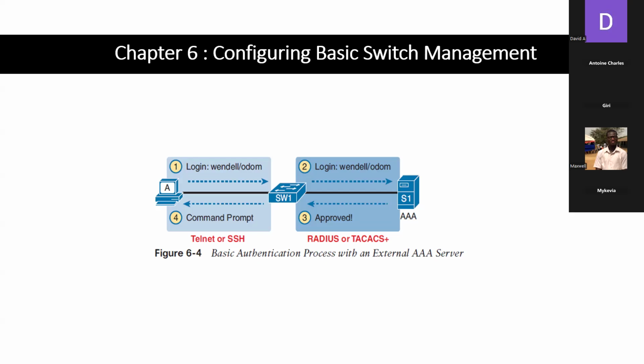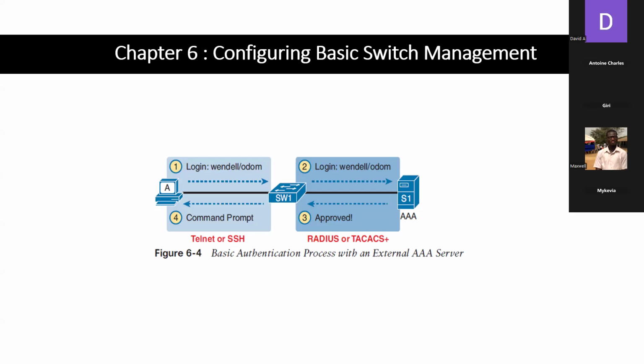Okay. So in this example, now that we can get to the picture, let's say we have Max. He's consoling in, and he puts in his username and password combo that's on the external AAA server. Now, Max's PC, in this concept, is the supplicant, so he's supplying the username and password to this switch.